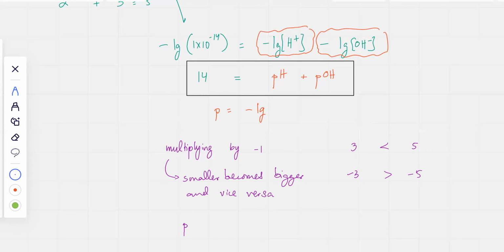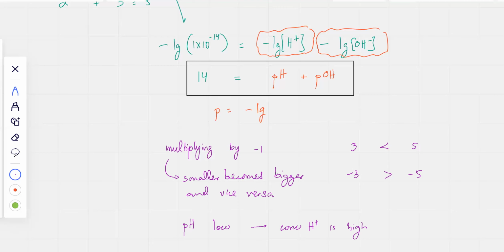Now, because of that, your pH scale is upside down. Because of that, if you have a pH that's low, that means the concentration of H plus 1 is high. That's why your pH scale is kind of the opposite.